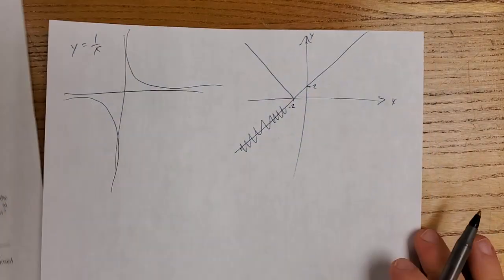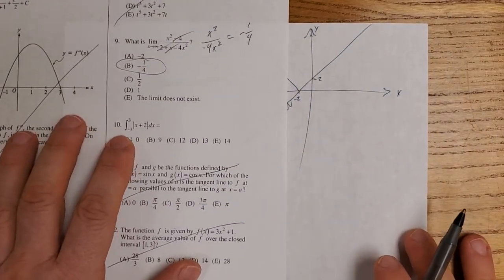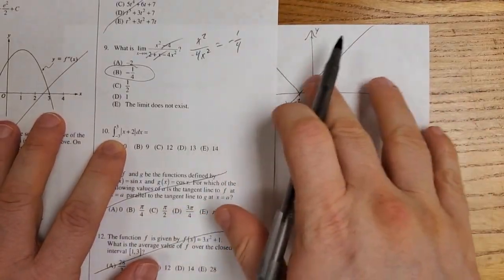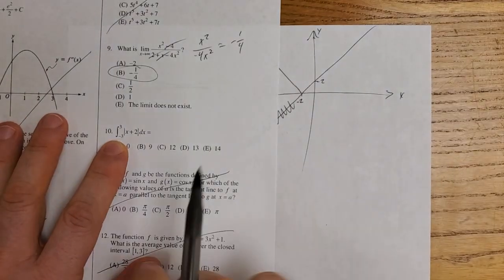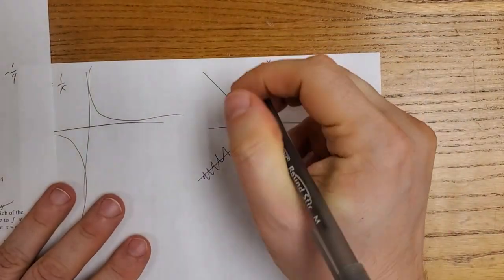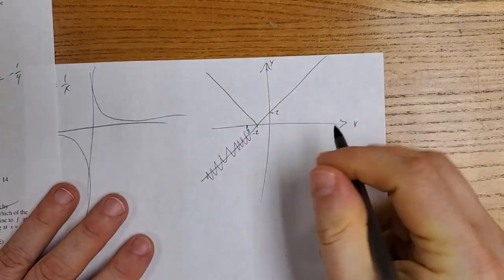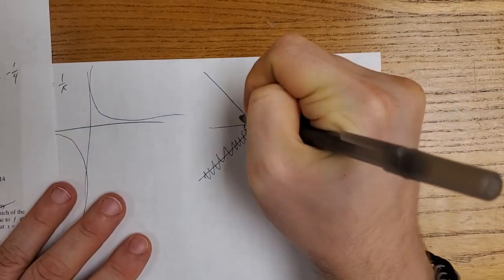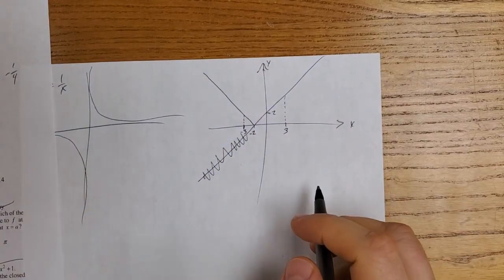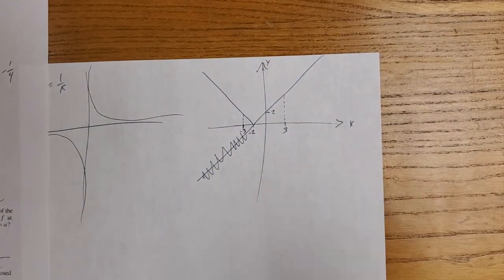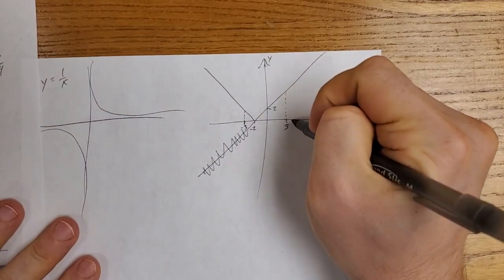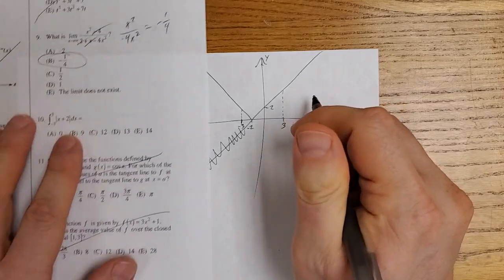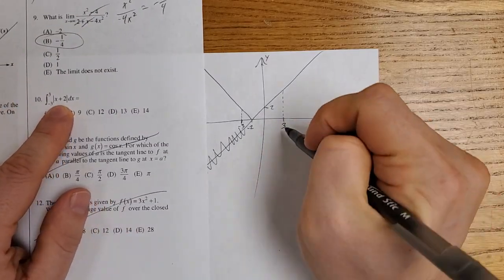And then if we think about it, it's asking us to find, again, the definite integral is the area underneath the equation from negative 3 to 3. So if we have negative 3 there and the 3 there, we can figure out what x plus 2 is.